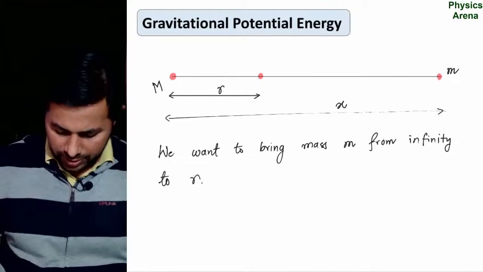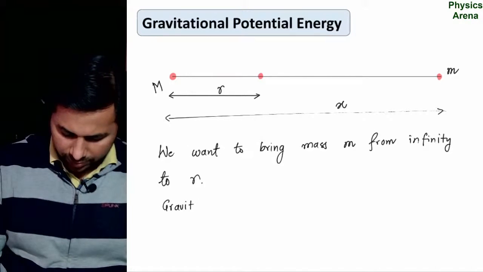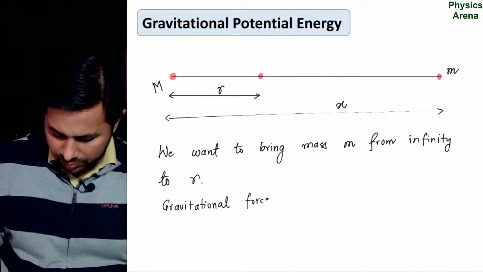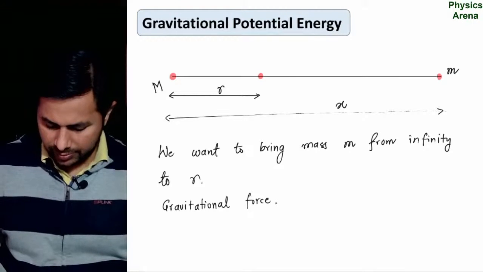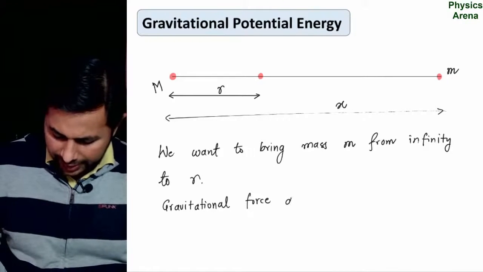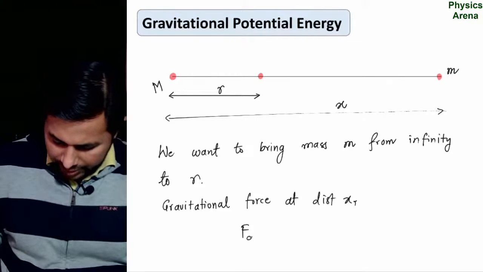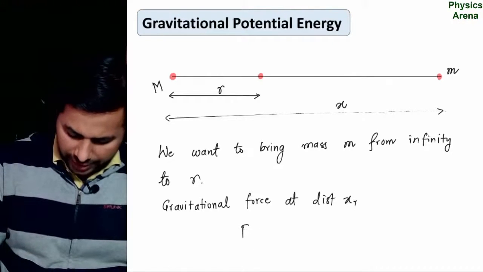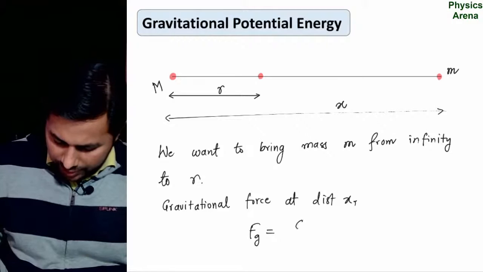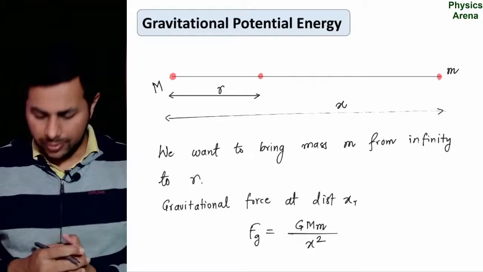The gravitational force experienced by this mass at distance x, let's call it F suffix g, equals GMm over x squared.